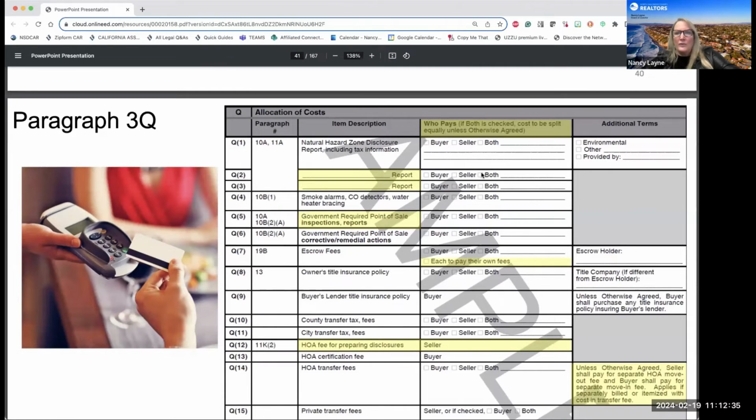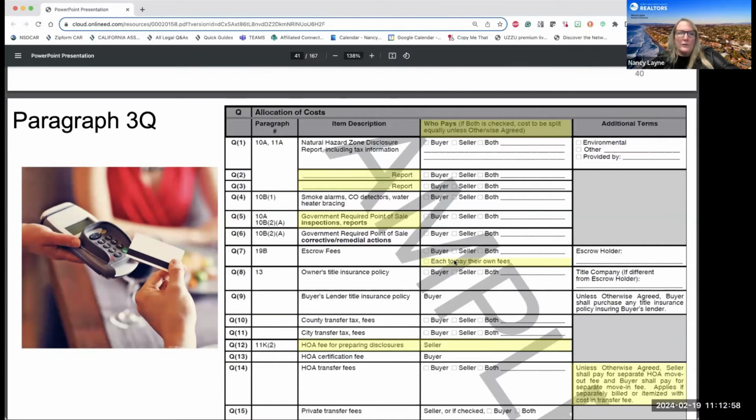If you put both, that's a 50-50. The government point of sale requirements and inspections and reports, I think we talk about that later, but that refers to the fire hardening, and it refers to some other reports that we'll talk about in a minute.